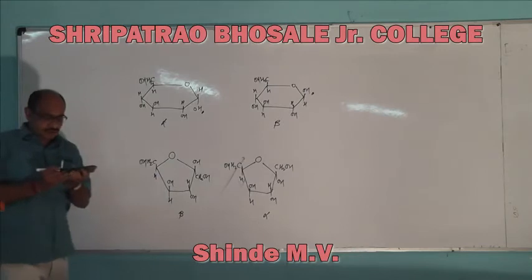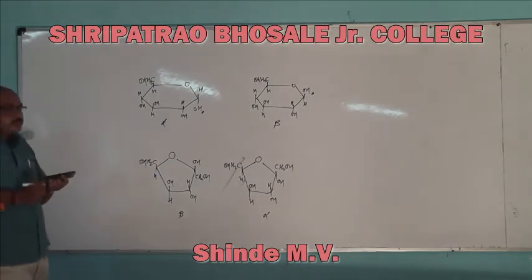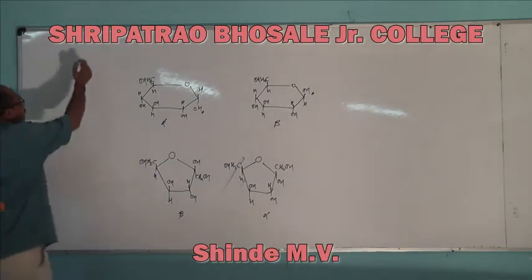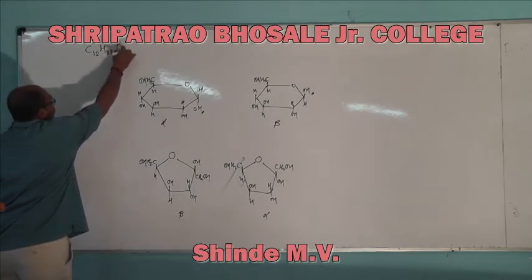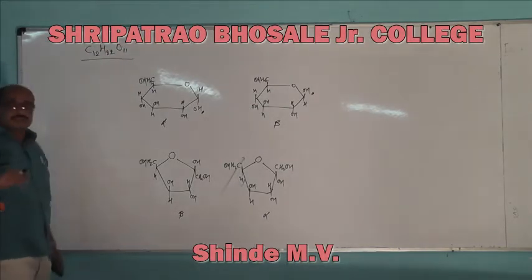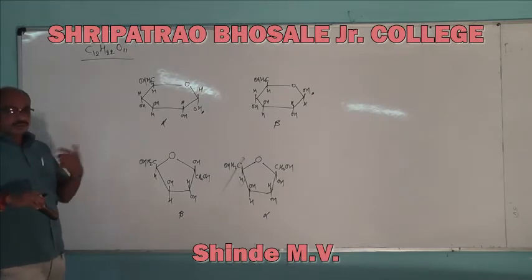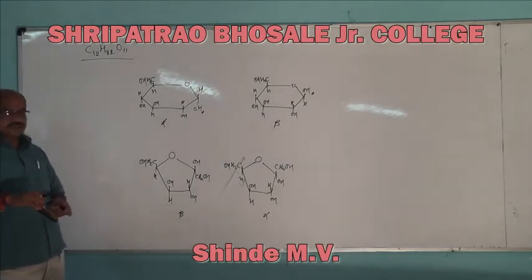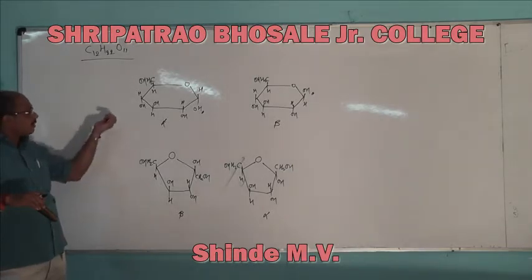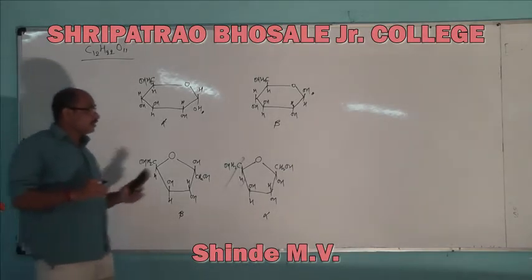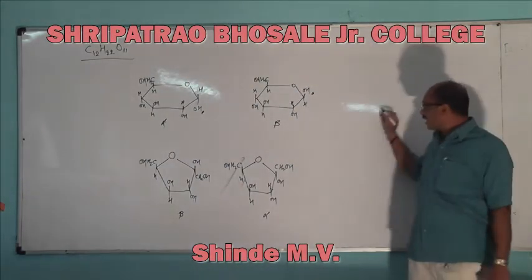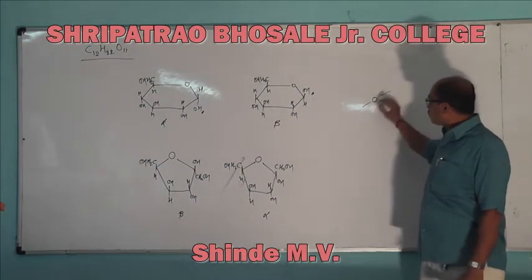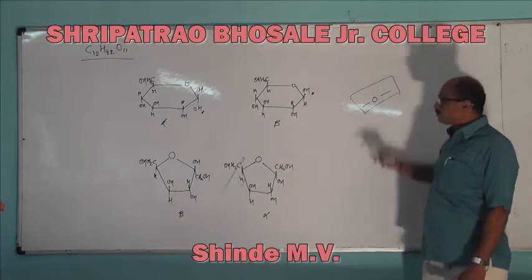Disaccharides are those which have the molecular formula C12H22O11 and which on hydrolysis give two monosaccharide units. The linkage between these two monosaccharide units present in a disaccharide is a glycosidic linkage.